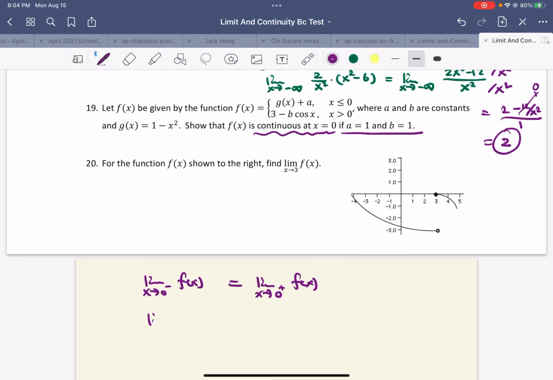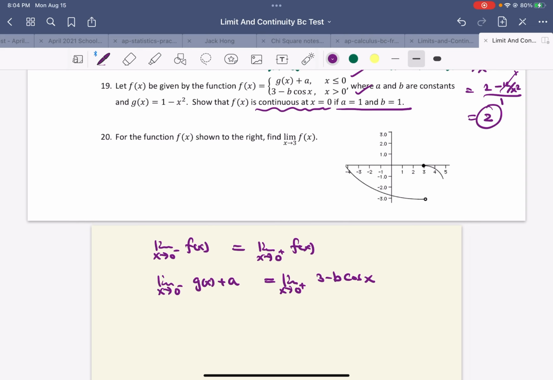So let's do that then. Limit as x approaches 0 from the negative side, I'm using the first piecewise function, so g of x plus a. That should be equal to the limit as x approaches 0 from the positive side. Now using the second one, 3 minus b cosine x.